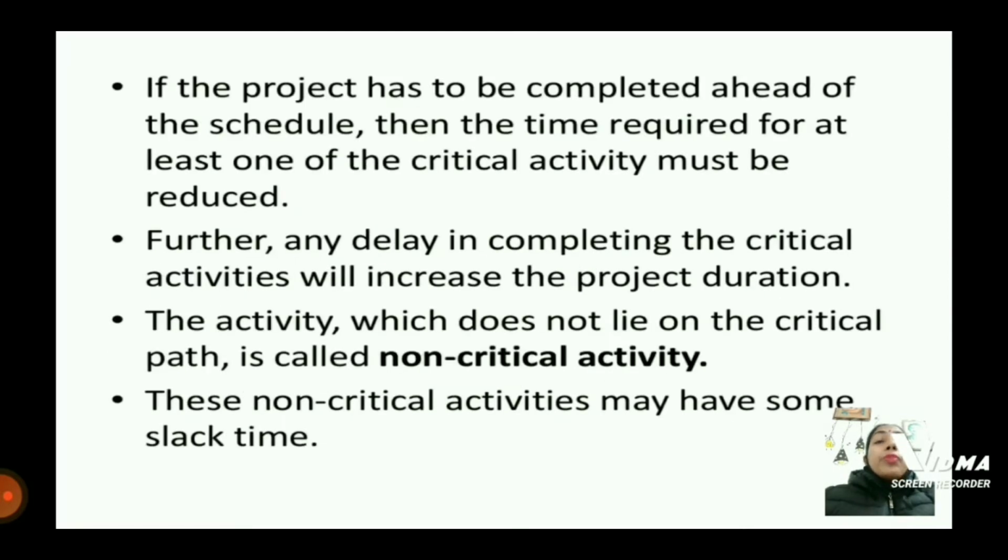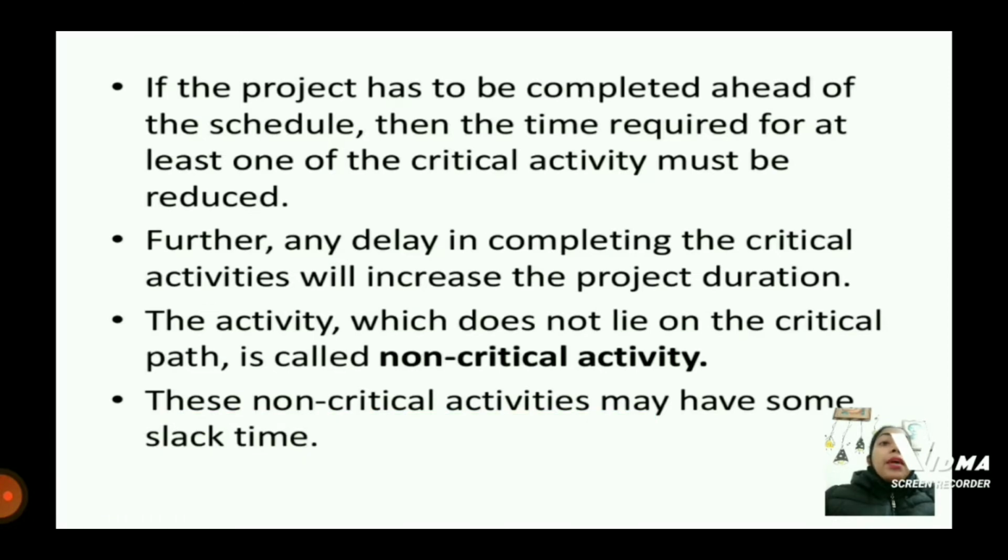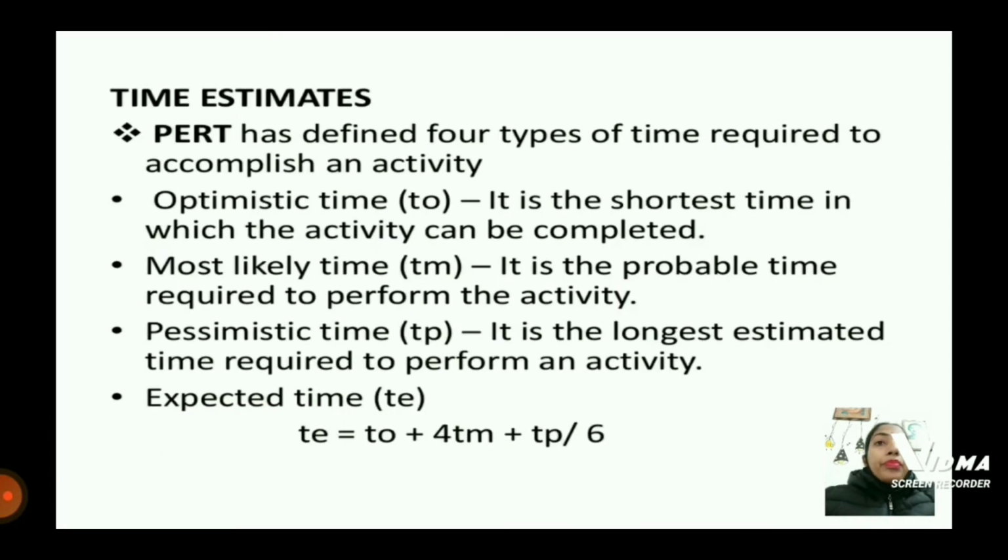If the project has to be completed ahead of the schedule, then the time required for at least one of the critical activities must be reduced. Further, any delay in completing the critical activities will increase the project's duration. The activity which does not lie in the critical path is called a non-critical activity. These non-critical activities may have some slack time.